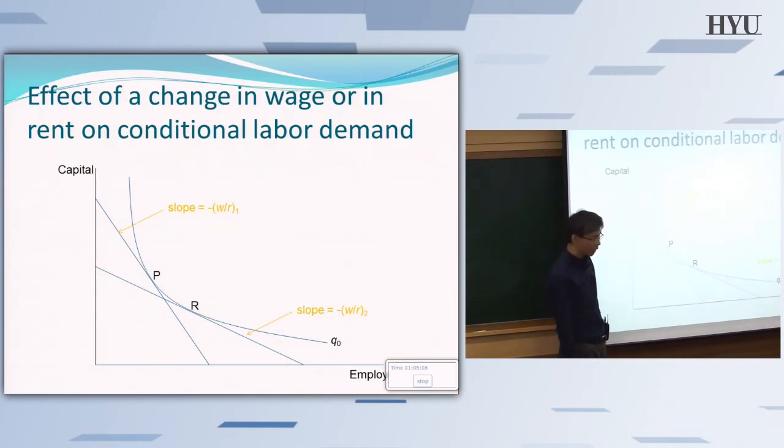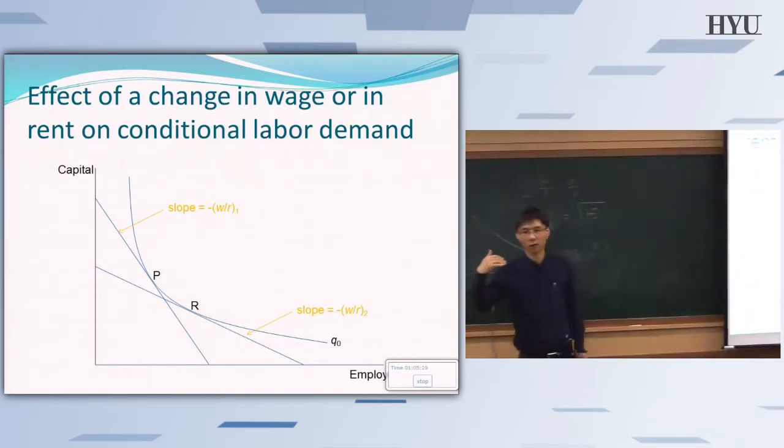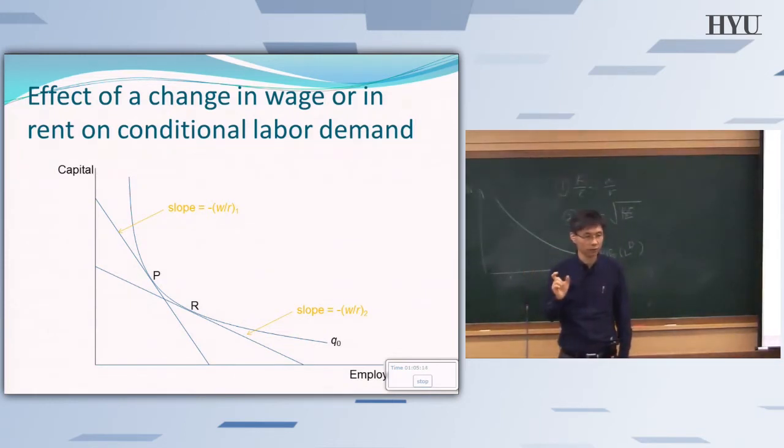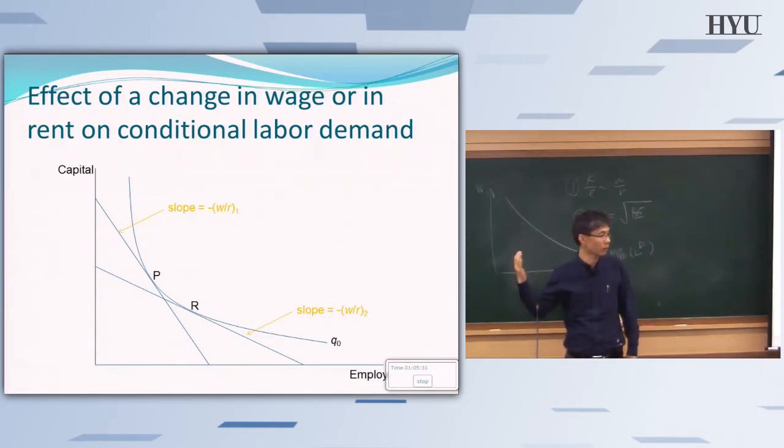So in the conditional labor demand, the conditional labor demand and wage, they have what relationship? If everything else is equal, should it be a negative or positive relationship? Negative. Wage goes up, conditional labor demand falls.